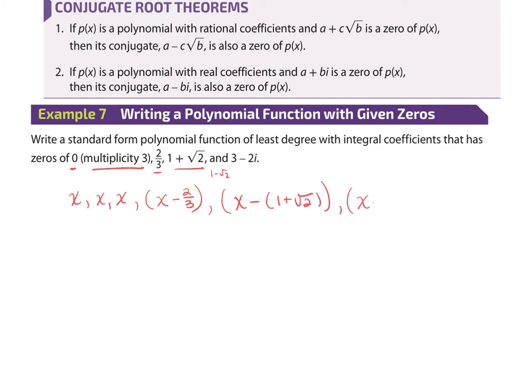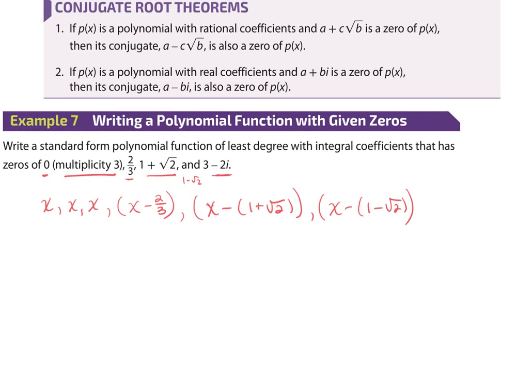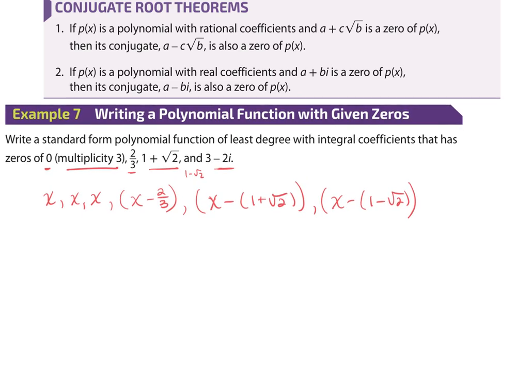So I have x minus 1 minus the square root of 2. If they give me this imaginary, and I know that x minus 3 minus 2i is a factor, then I also know the conjugate, x minus 3 plus 2i is a factor.